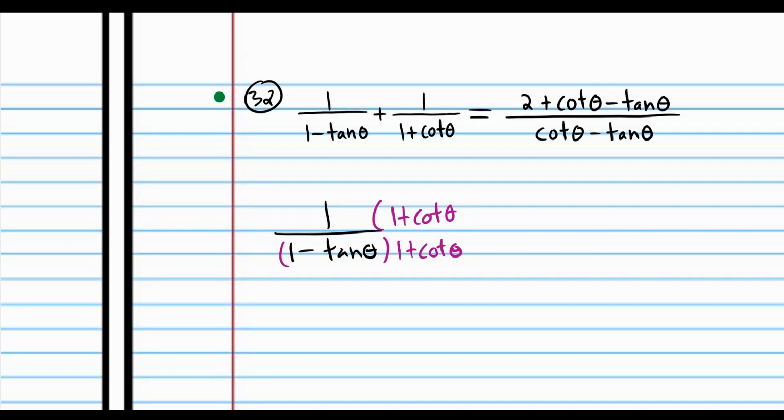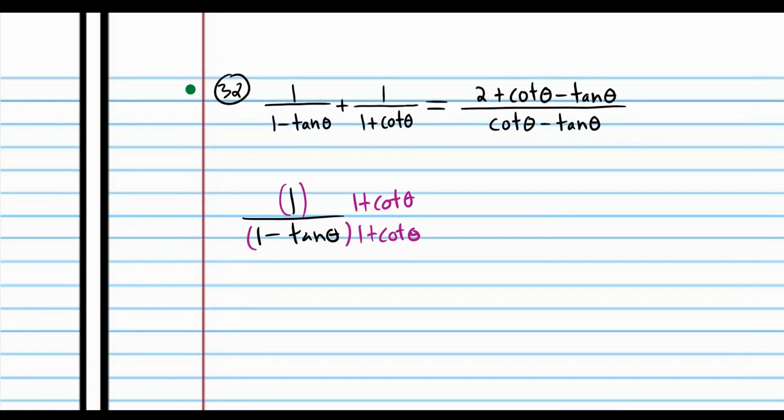And maybe just to keep things orderly, I'll just put the parentheses on the 1. Not that I really need to. And the second fraction, we're going to multiply both sides by 1 minus tangent theta.